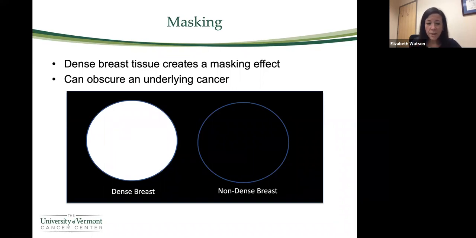The dark black image on the other side of the screen is meant to depict a fatty breast. And you can see what happens when a mass grows in each of those breasts. Obviously, it's a lot easier to detect the mass that's growing in the non-dense breast, as opposed to the dense breast, which is completely obscured by all of that bright white fibroglandular tissue that you see there.